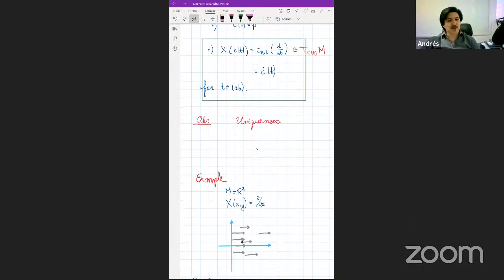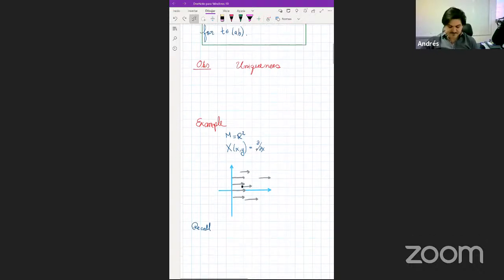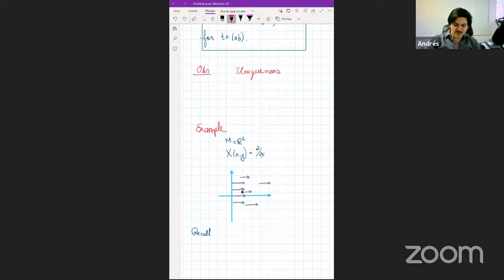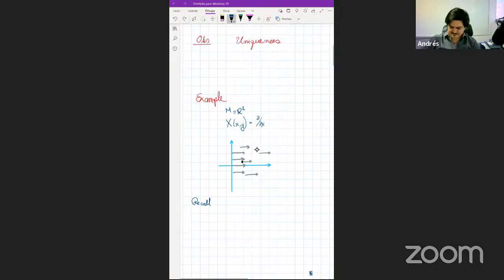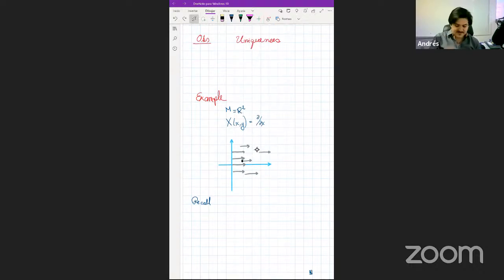So remember, this is one of the examples that we saw last time. And do you remember what is the integral curve here? We need to take a point. Let's take the point (1, 1). What is the integral curve through (1, 1)?